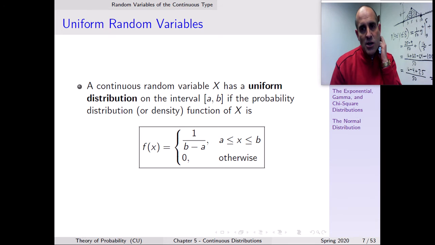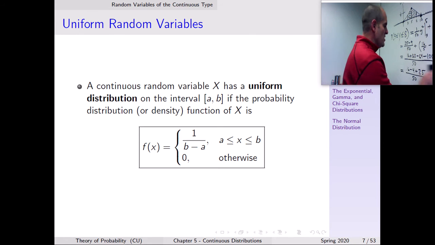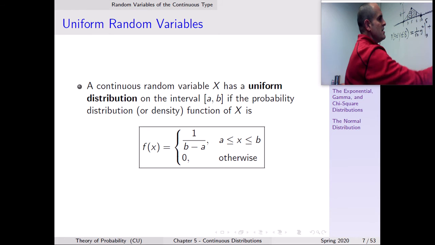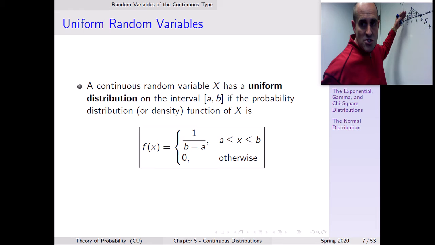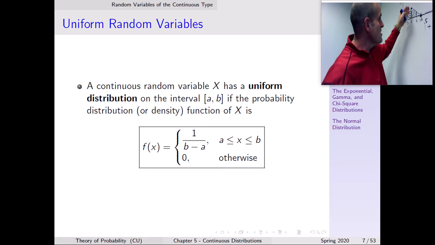And that just means you're equally likely to be anywhere in the interval in question. So uniform distribution on the interval from A to B just means that x is equally likely to be anywhere in that interval. Well, if that's true, then the distribution couldn't look like it did in this example, because in this one the distribution kind of spiked up in the middle, which made it more likely to be in the middle somewhere than over here.